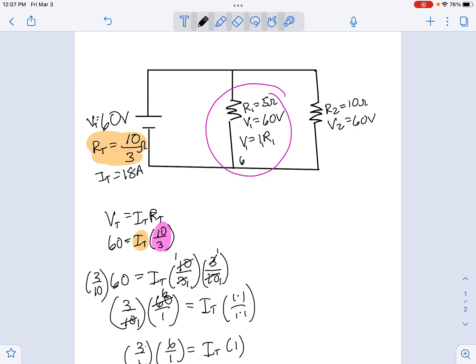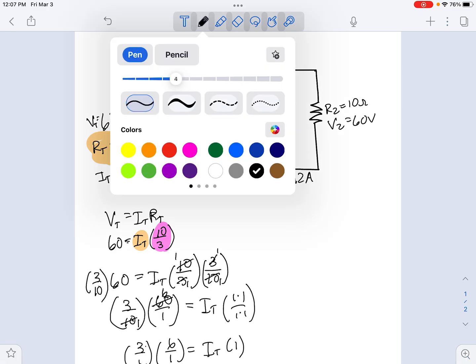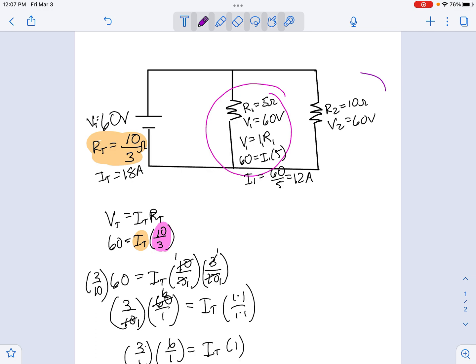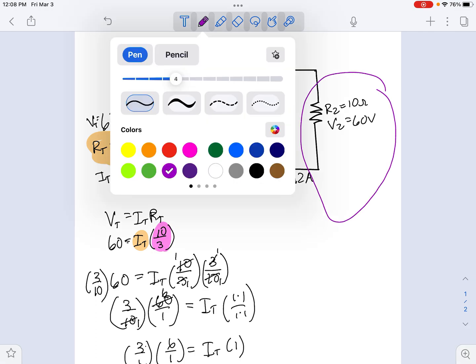Our V1 is 60. Our I1 we don't know. And our R is 5. So now if we divide both sides by 5, we get I1 is equal to 60 divided by 5, which is 12 amps.